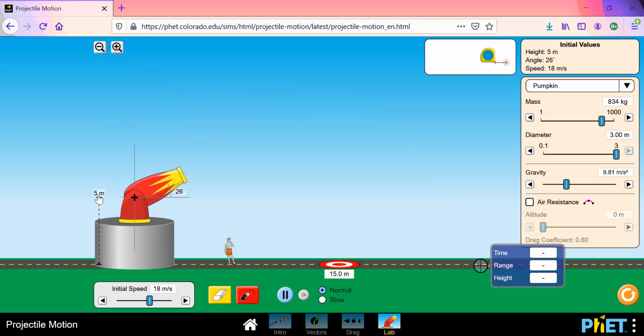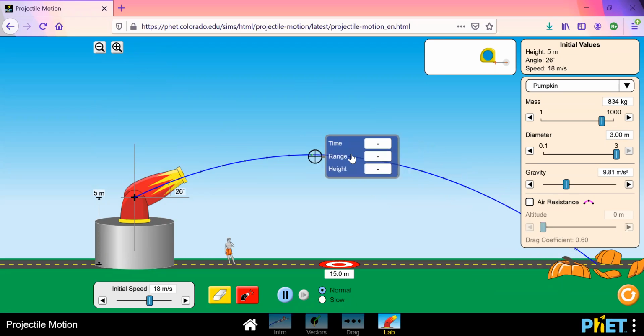We can call this y initial, and then we're going to calculate the maximum height above the level. Let's show what that means. The maximum height above the level, okay, the total amount of height is 8.17. So between 5 meters and here is the maximum height of 3.17.